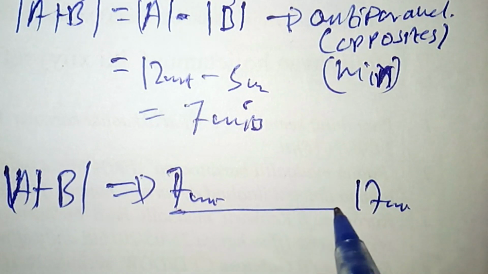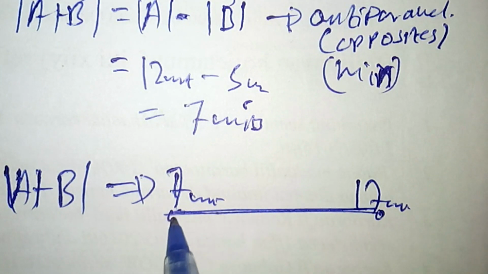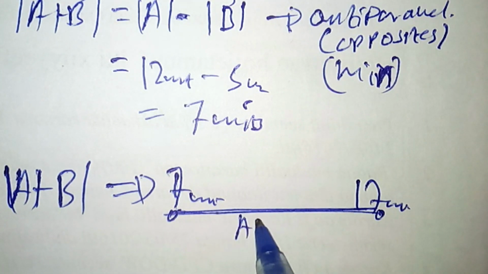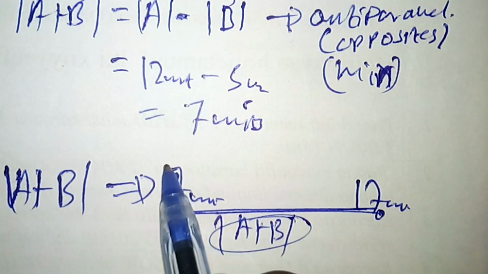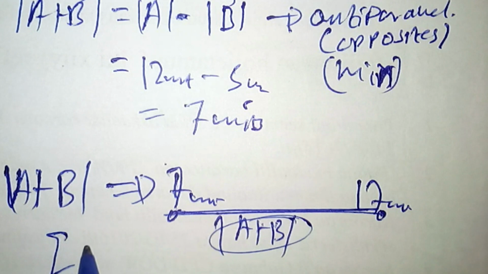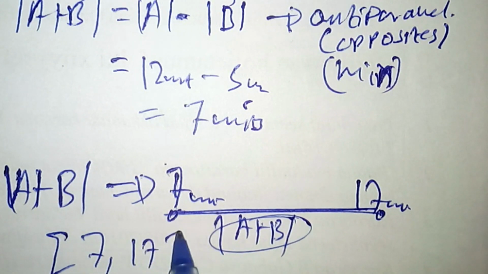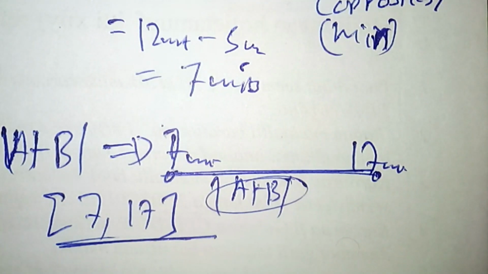So any number between the two numbers can be a possible value of A plus B. That means from 7 up to 17 can be the magnitude of the sum of these two vectors. But any number above 17 or below 7 cannot be a possible value.